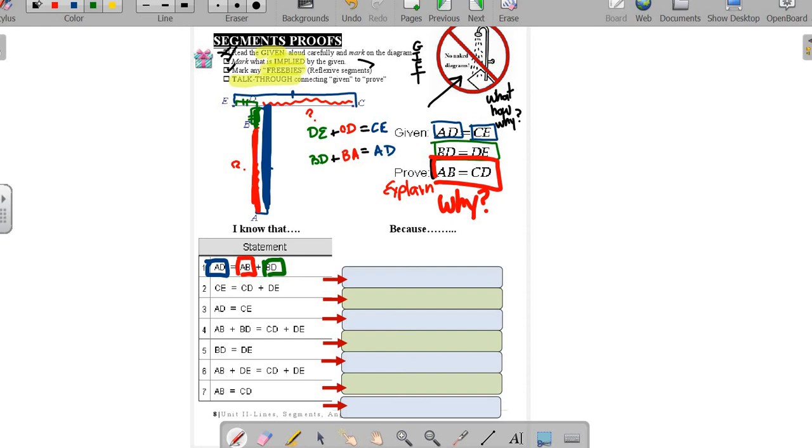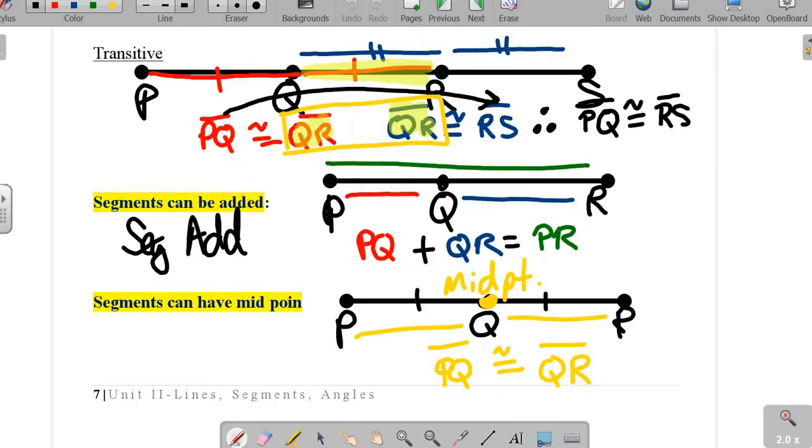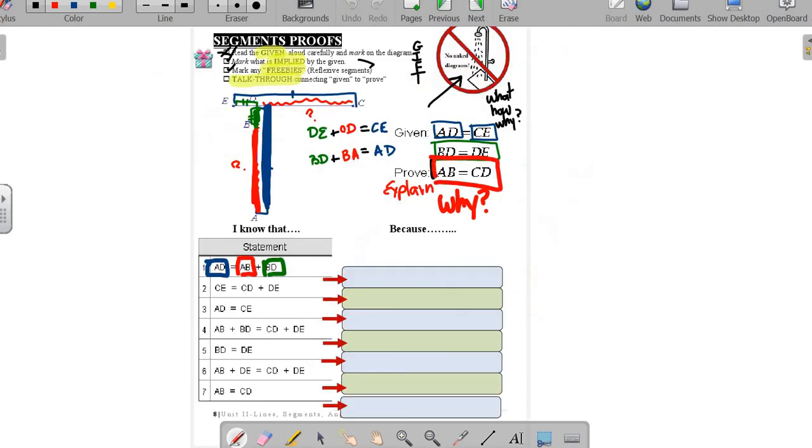Now it asks here, why is this a true statement? And it's a true statement because, check, segments can be added. Little segments add up to bigger segments. So the reason here is segment addition. Let's do the next one. C to E. Trace, trace, trace.